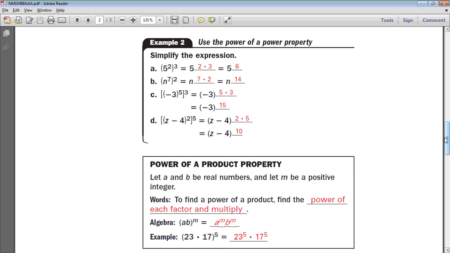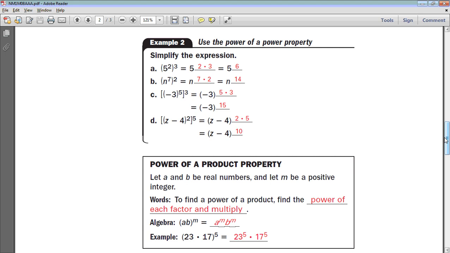Okay, I'm just multiplying exponents. I still have negative 3 to the 5th, and then cubed, so I just multiply them and I get negative 3 to the 15th power. Same thing here. Even if it looks ugly like this, z minus 4, you still can multiply the exponents. Z minus 4 to the 10th. Okay?